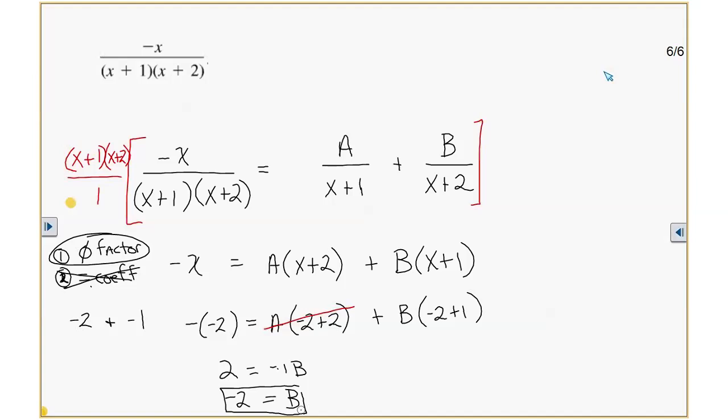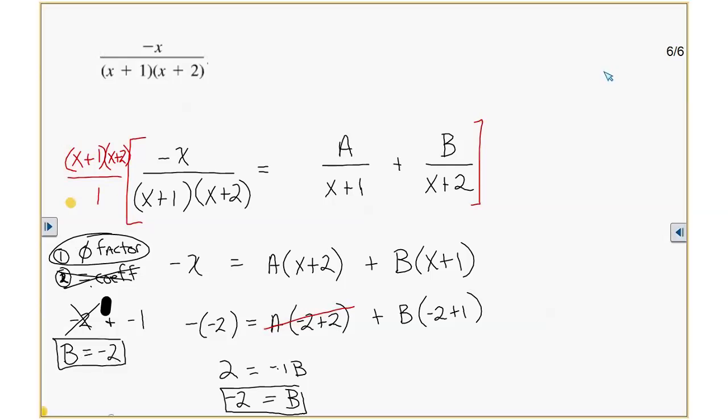Any questions? Now that's just a coincidence that it came out to be the same. That's just a coincidence. Okay? So now that you found B, go back and find A by plugging in what? Negative 1. So I'm going to cross that out, and I've got B is equal to negative 2.